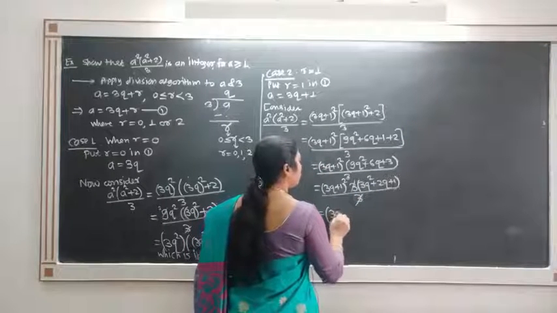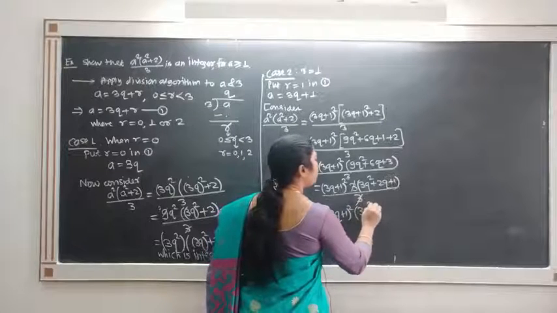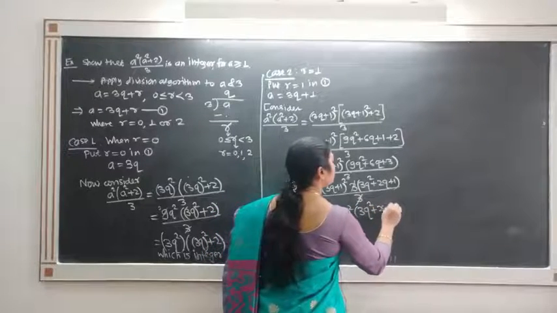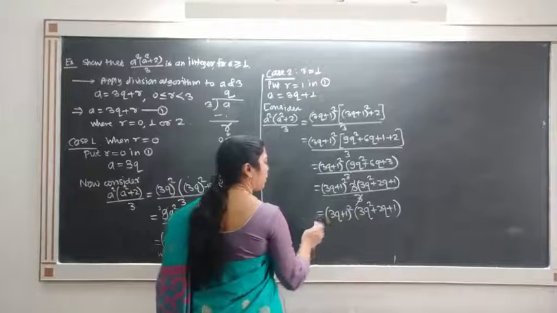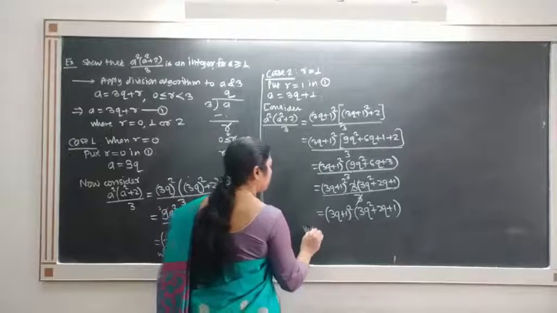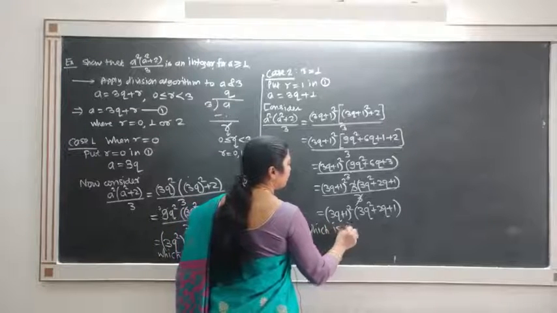This is nothing but (3q plus 1) square into bracket 3q square plus 2q plus 1. Product of integers, and therefore this is again an integer. So in the second case also this expression is an integer.